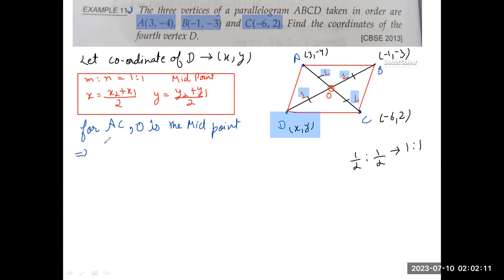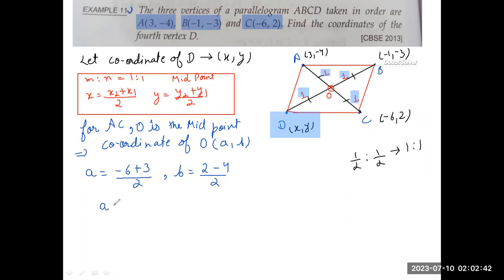This implies the coordinate of O, taking x as (-6 + 3)/2 and y as (2 - 4)/2.